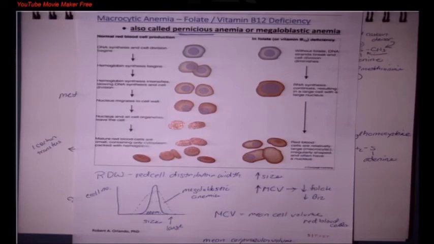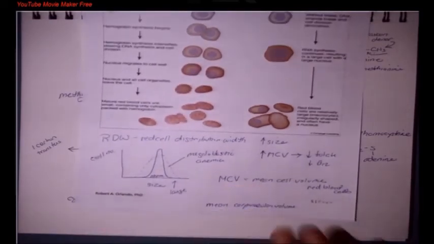Okay? So again, this is where medicine is. So you can see where the questions would be.